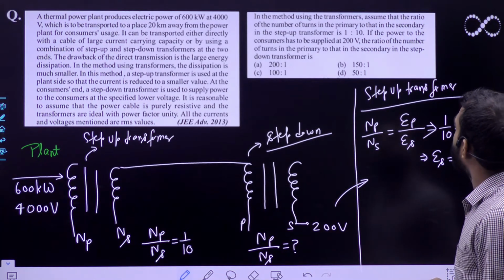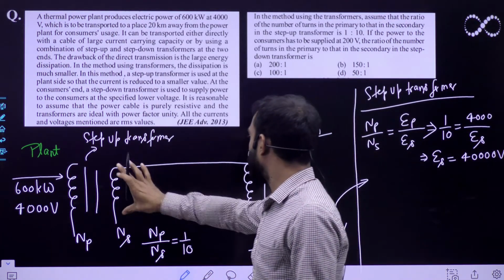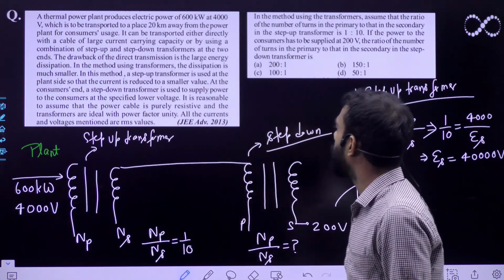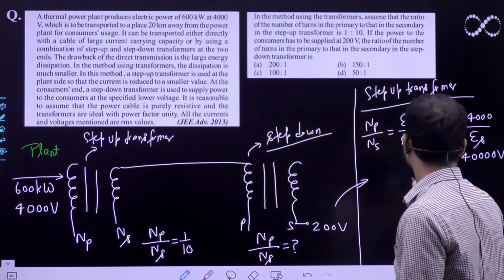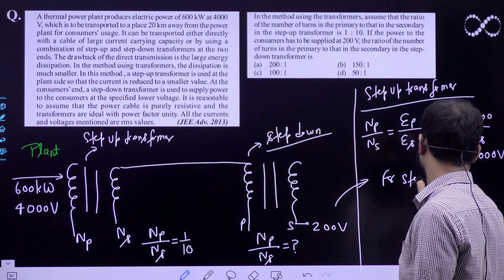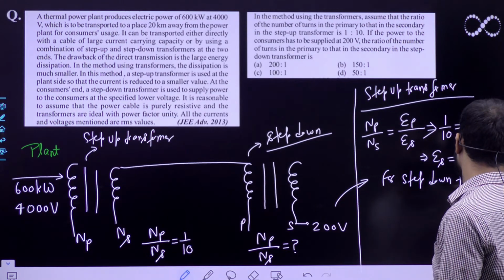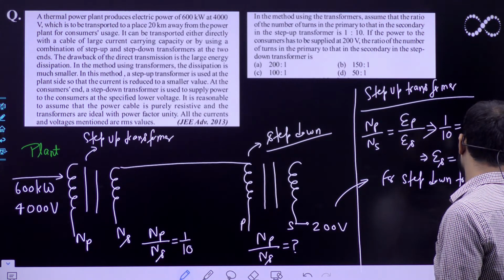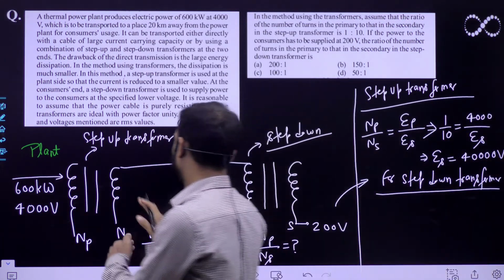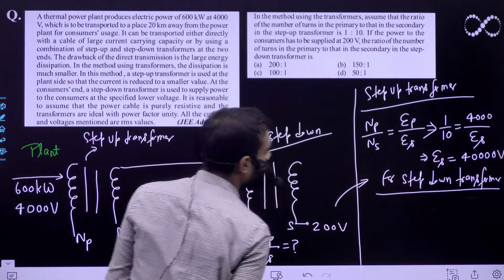Now, the voltage is coming as this, and this voltage will be transferred to this one, that is the primary here. So I can write once again for a step down transformer. Here the voltage is coming, for the primary of the step down transformer, the ES is coming as 40,000.